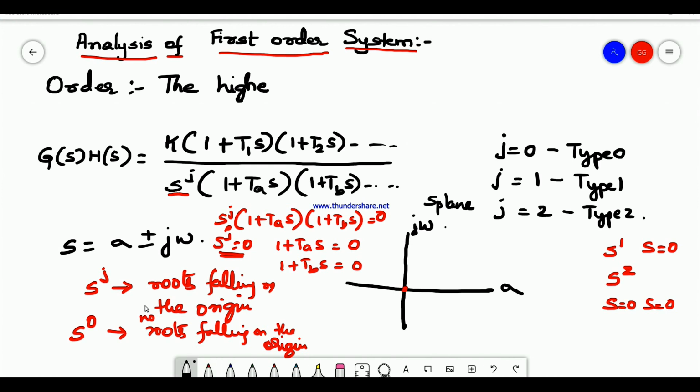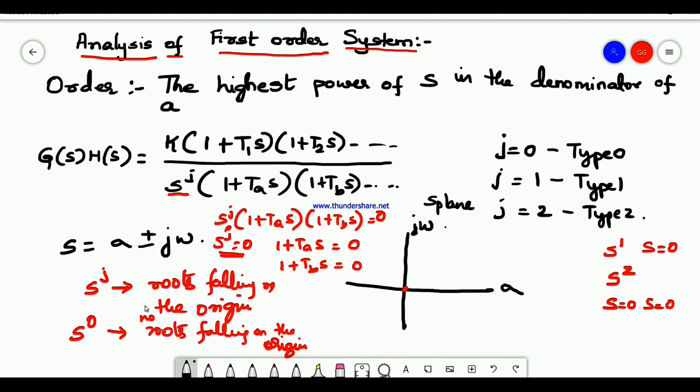The order of a system is the highest power of s in the denominator of a closed loop transfer function.